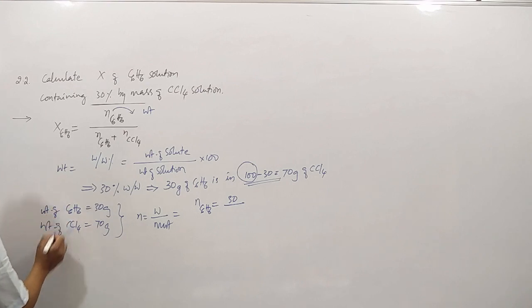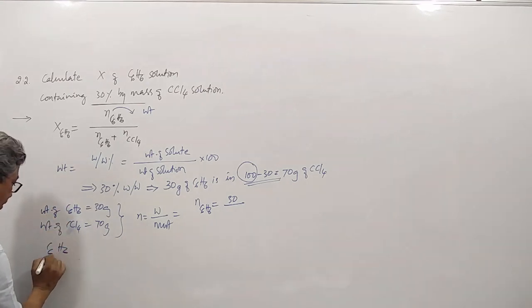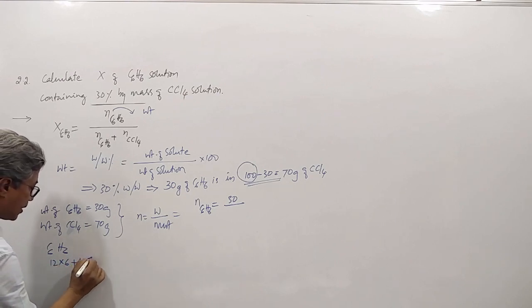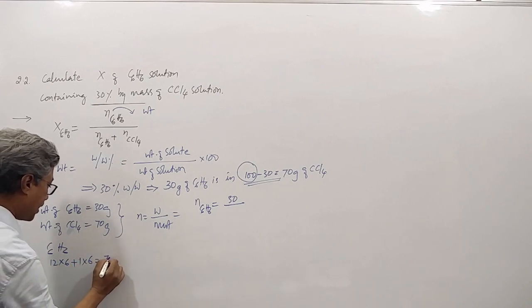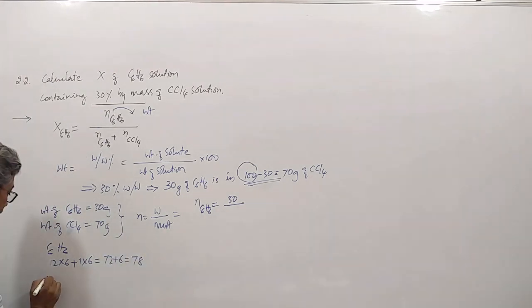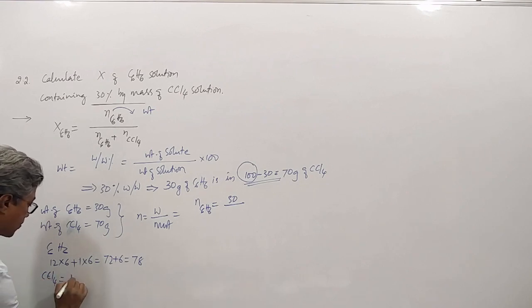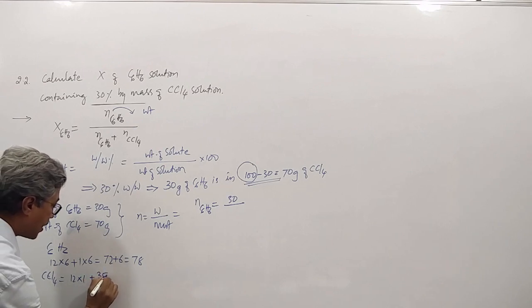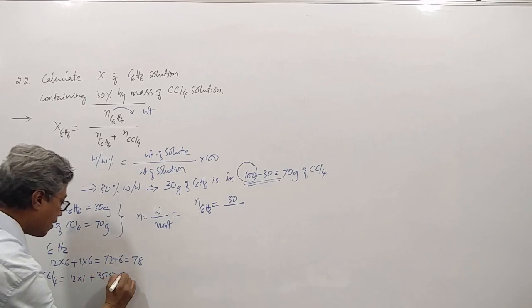For C6H6, atomic mass of carbon is 12 into 6, plus atomic mass of hydrogen 1 into 6. It will be 72 plus 6, which is equal to 78. Similarly, mass of CCl4 is atomic mass of carbon 12 into 1, plus atomic mass of chlorine 35.5 into 4.